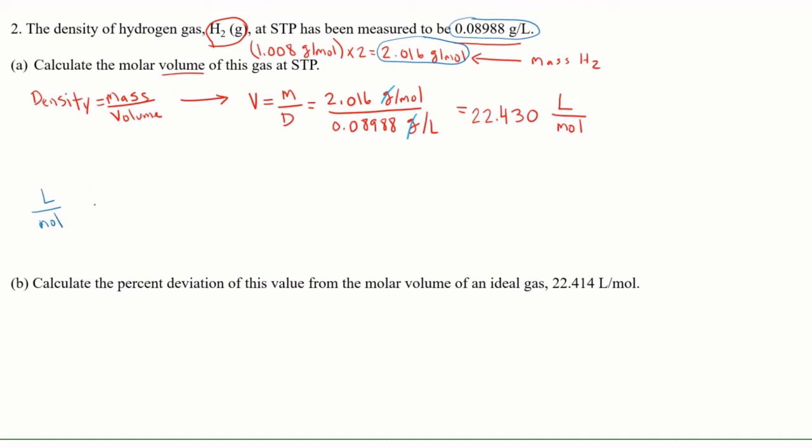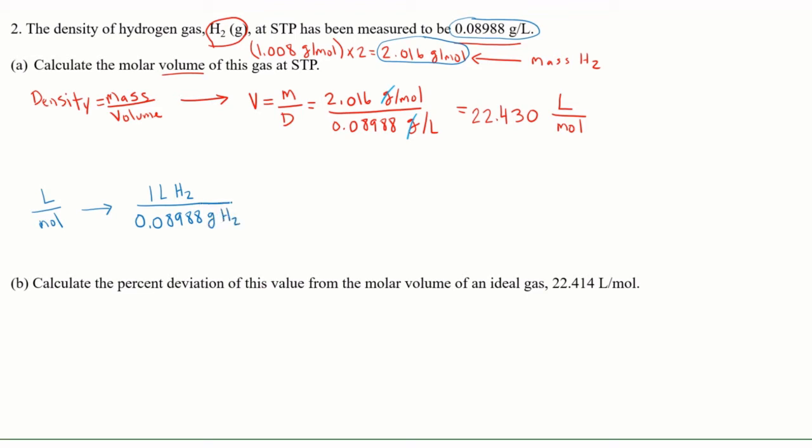Okay, so if I look at the density, it is given as 0.08988 grams per liter. So I could write this as 1 liter of hydrogen gas over 0.08988 grams of hydrogen gas.